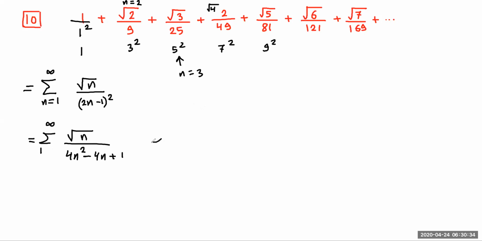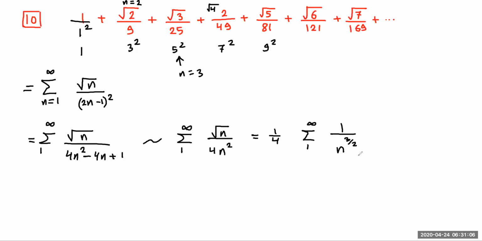Let's compare this series with the series sigma root n over 4n power 2 from 1 to infinity. So this series could be written as 1 over 4 outside sigma 1 over n power 2 minus 1 minus a half, 3 over 2, from 1 to infinity.